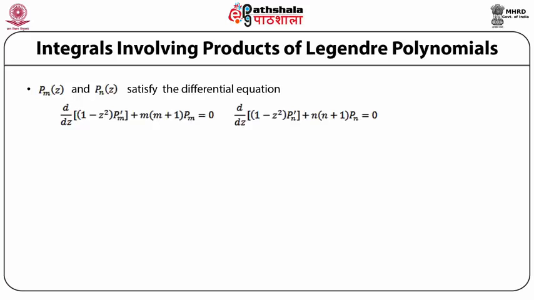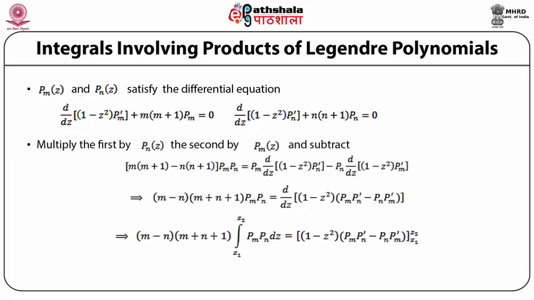The other equation is d/dz of (1 minus z²) Pn′ plus n into (n plus 1) Pn is equal to 0. Here, a dash refers to differentiation of P with respect to z.